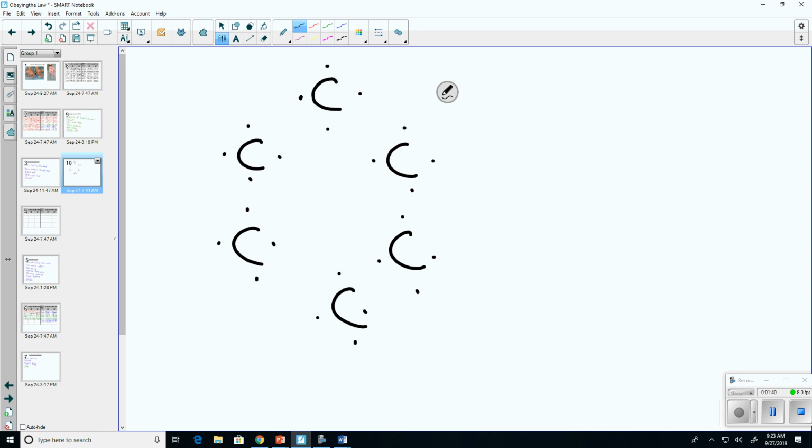So I'm going to bond my carbons once each. Let's do that. And how about that? Every single carbon right now contains 2 bonds and 2 lone electrons.